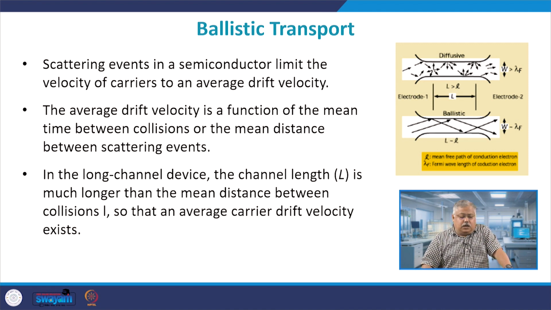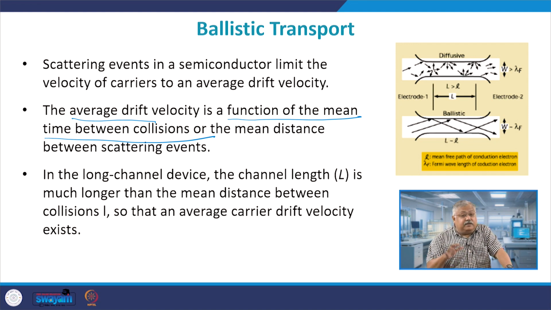The average drift velocity is a function of the mean time between collisions, or the mean distance between scattering events. If the mean distance between scattering events is lowered, I will have a larger number of scatterings per unit time, and as a result my velocity will almost become constant.